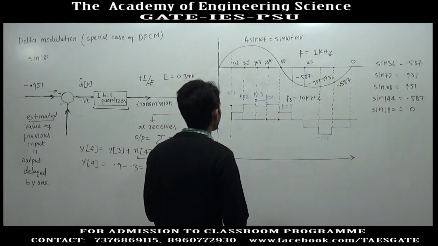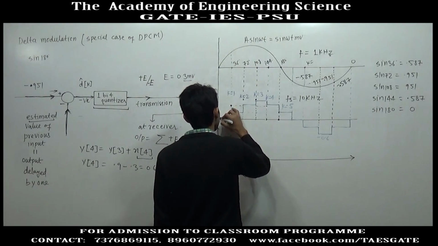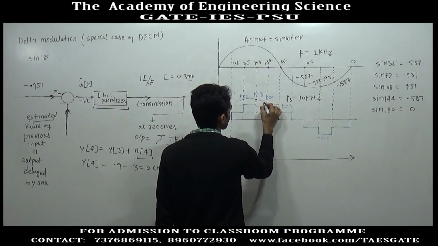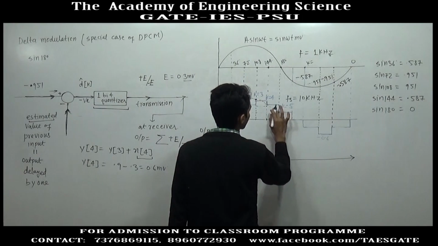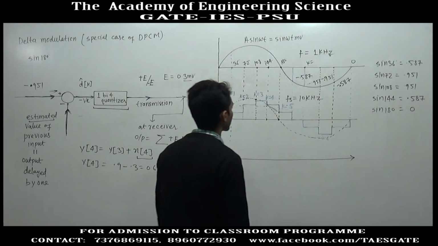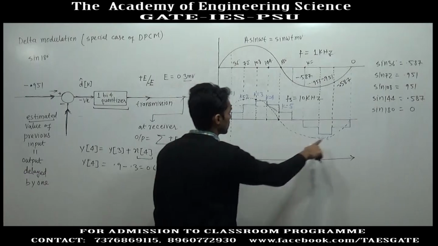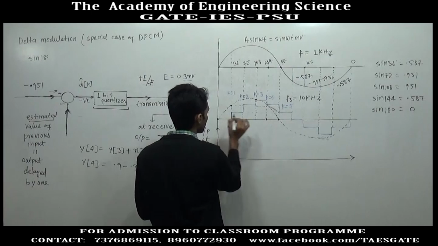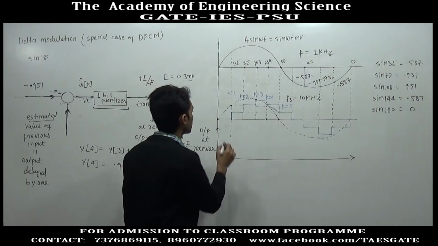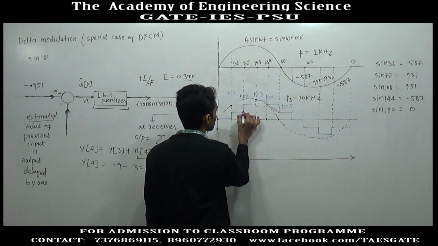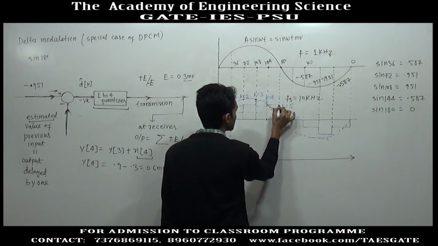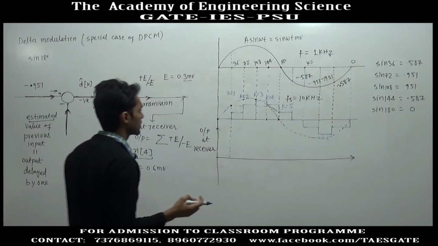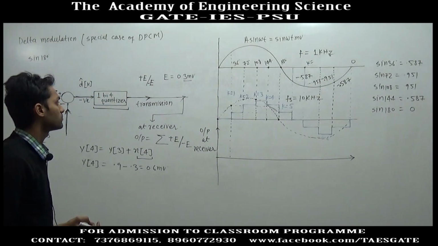This way, if we compare with the original signal, the dotted line is the original signal, and the output that we will receive at the receiver end is drawn in blue color. So, we can see here the error is significant. The output is not tracking the input very accurately.